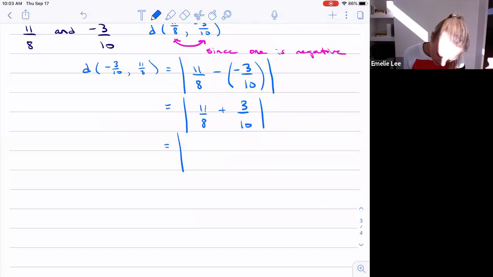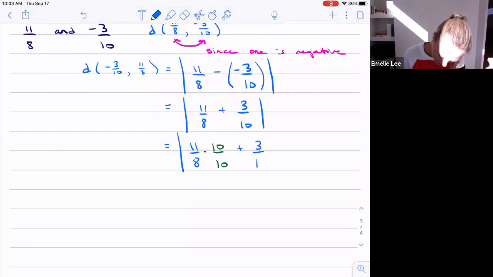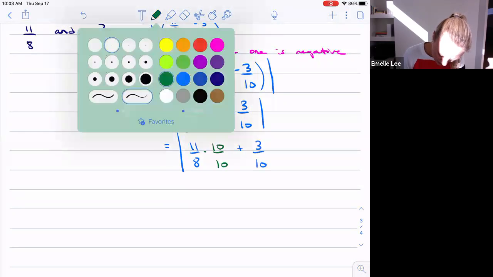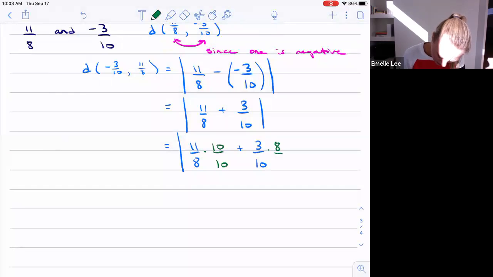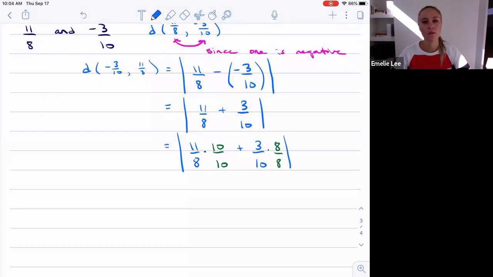And that's going to be the easiest way to do it. So we've got 11 over 8 times 10 over 10 plus 3 over 10 times 8 over 8. Now make sure you keep that absolute value sign going all the way down.